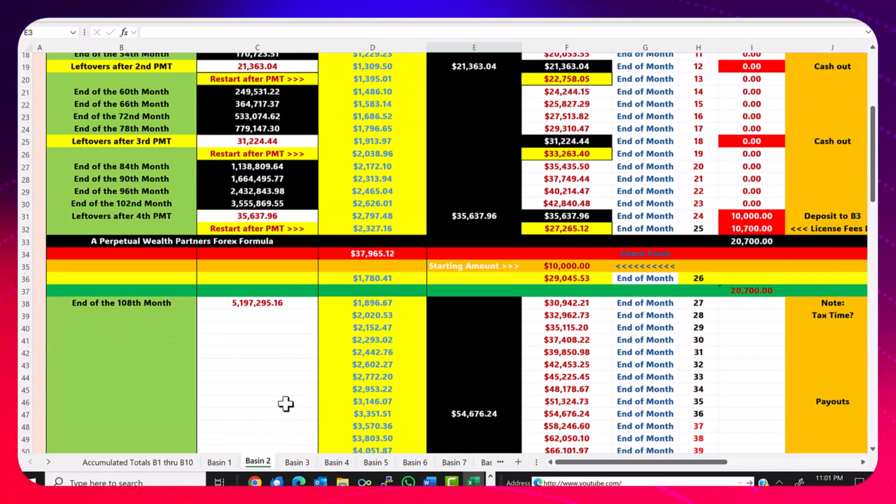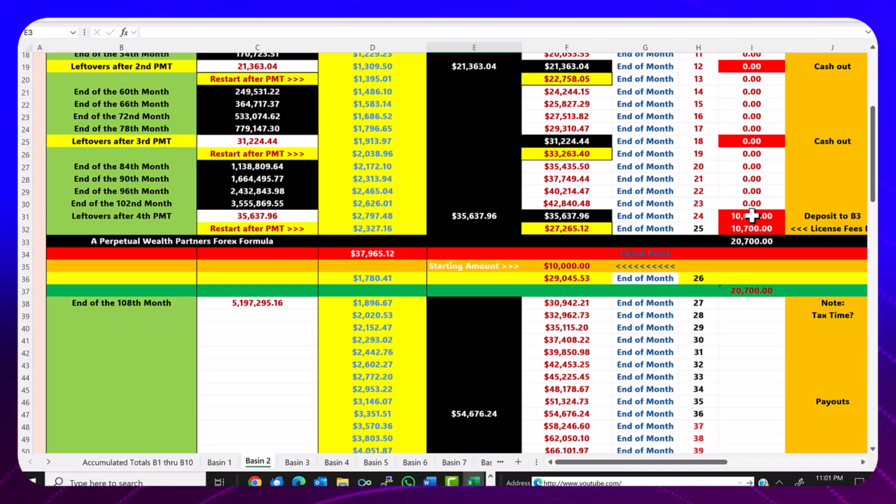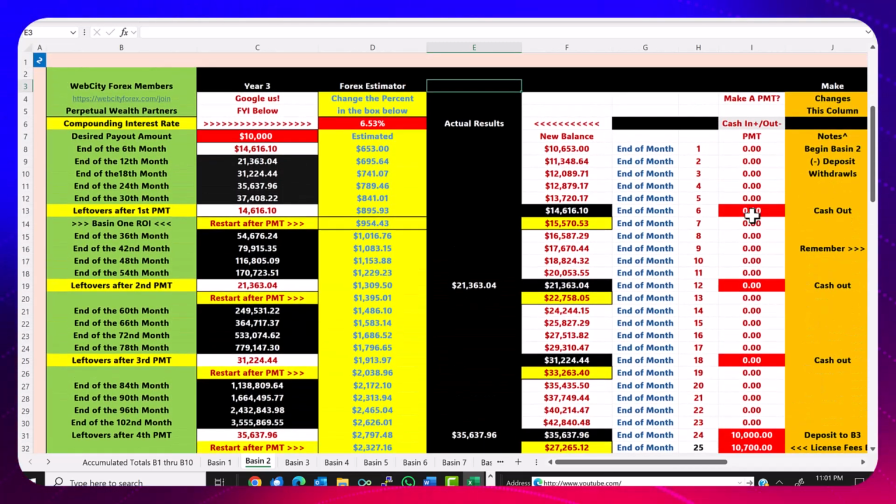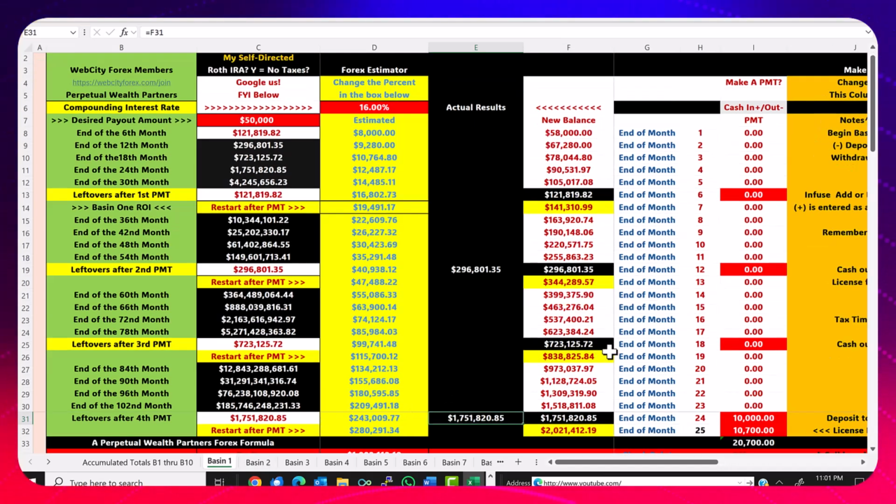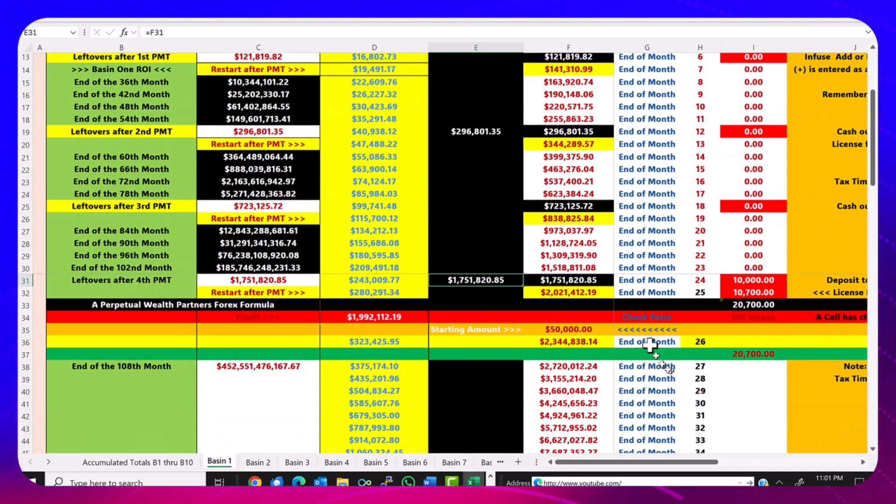Now, what's interesting is I went this way, and if you kept pumping in, wonder where that, oh, I know. So let's say you averaged your basin one. Okay, here we go. So your basin one, you got to come in here. You got 1.7 million. You could put in anything you want right here because it's in your Roth, and your Roth is going to open this second account.